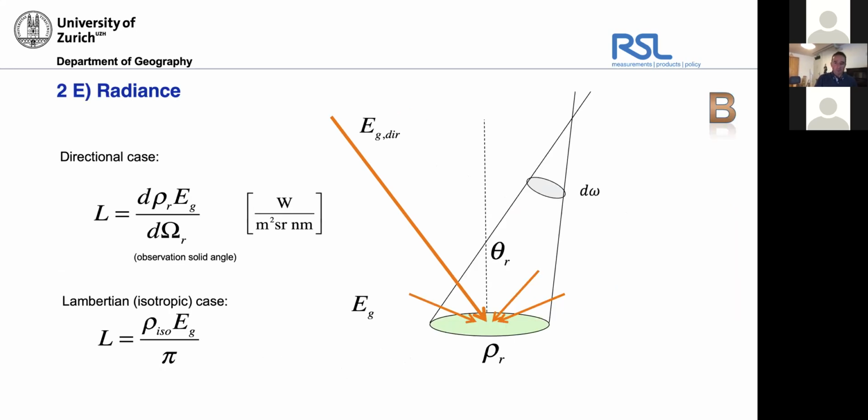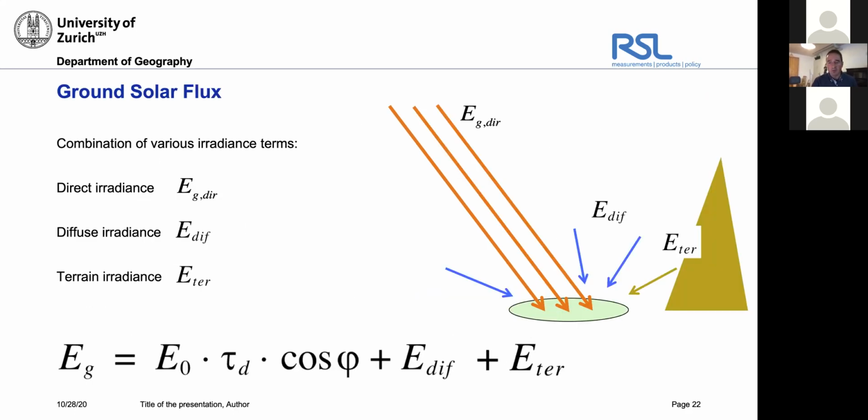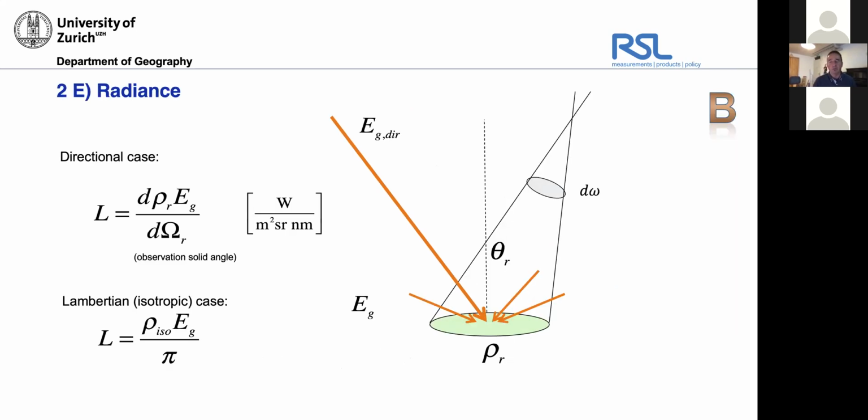And now we are on the ground. We got an irradiance, but we are measuring the radiance. So we are using a sensor with a certain opening angle, measuring on a pixel on the ground. And we have all this irradiance stuff. And we got some reflectance on the ground itself.